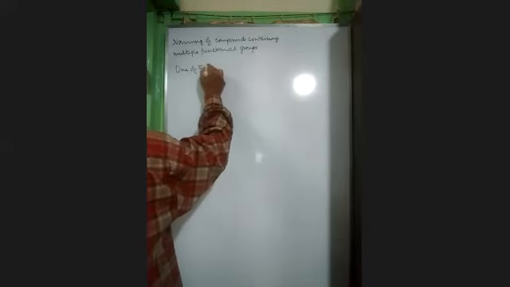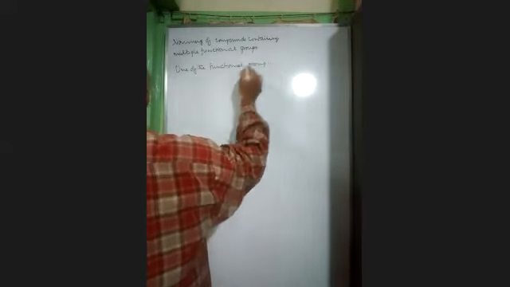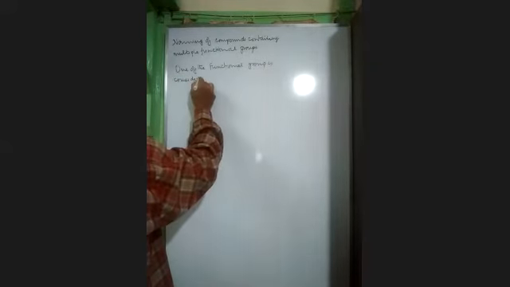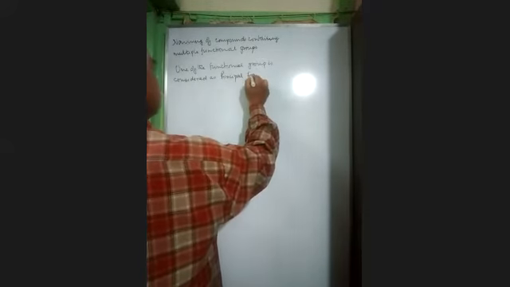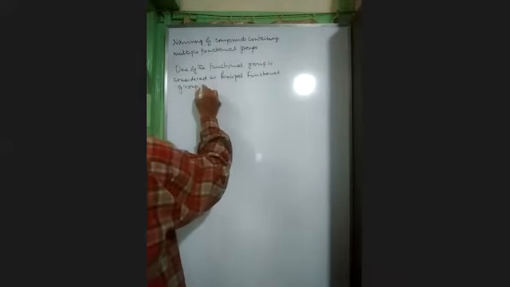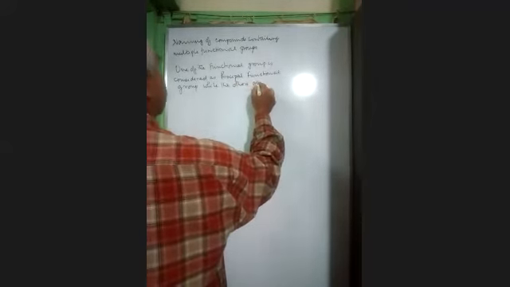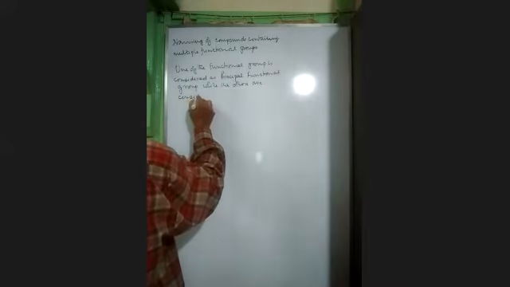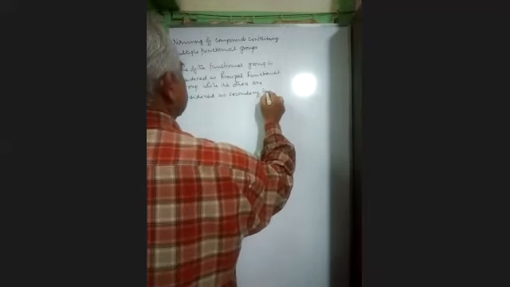One of the functional groups is considered as the principal functional group, while the others are considered as secondary functional groups.